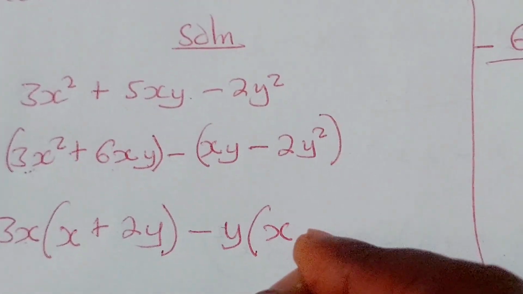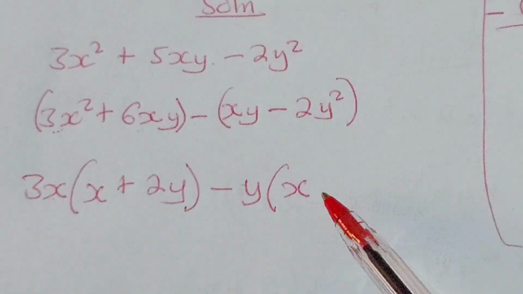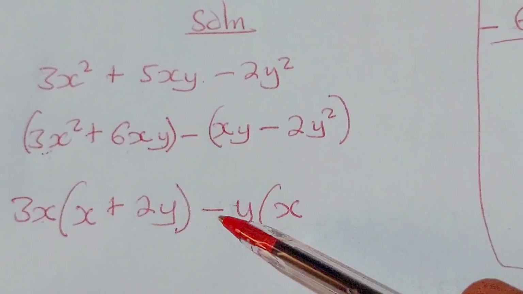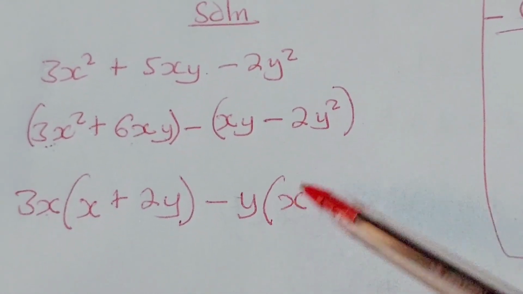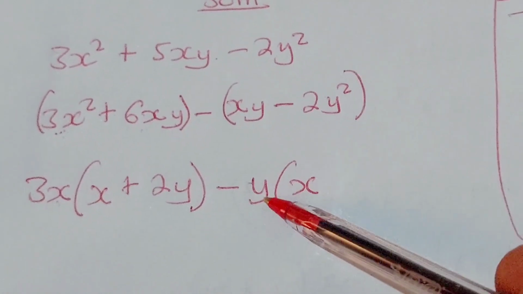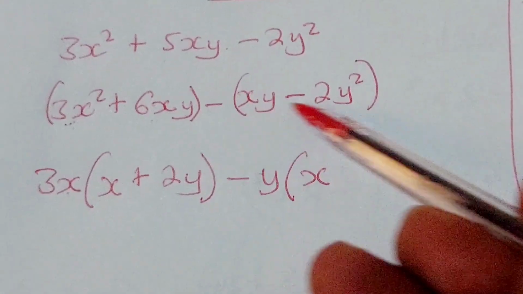Bearing in mind that we want to balance, when we multiply what is contained in the bracket with what is outside the bracket, we should be able to get back here.